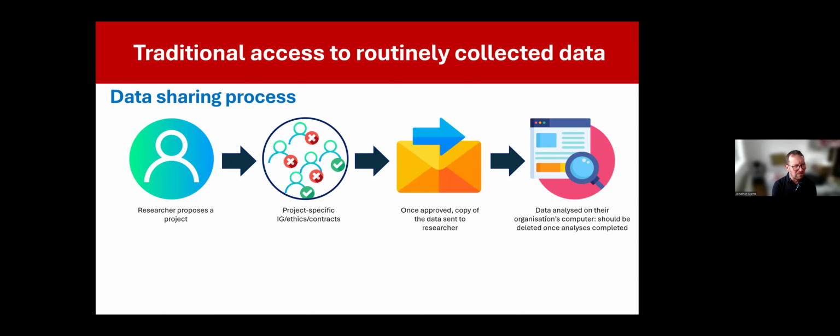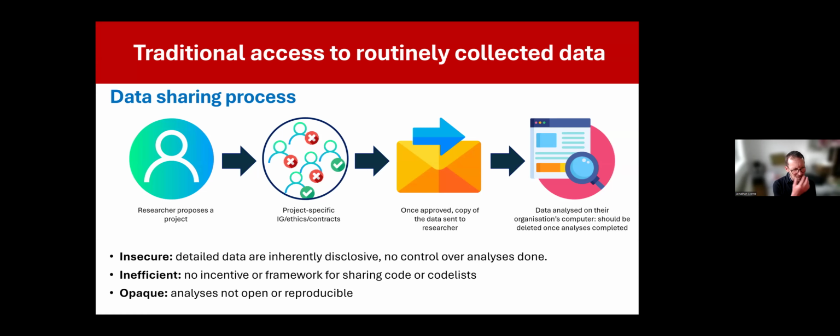Often those processes led to people giving up or the permission being declined, and so the proposed project never happened. But for approved projects, the researcher was sent a copy of the data, and they then analyzed the data on their or their organization's computer. And in principle, the data should then be deleted once the analyses are completed.